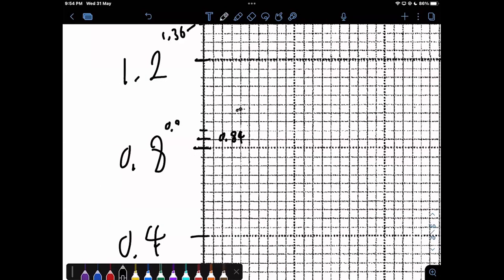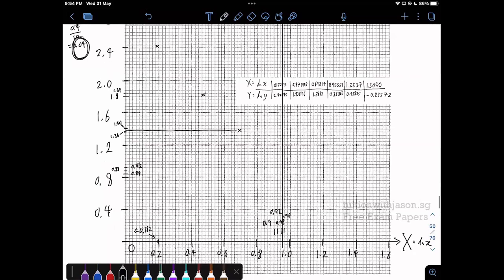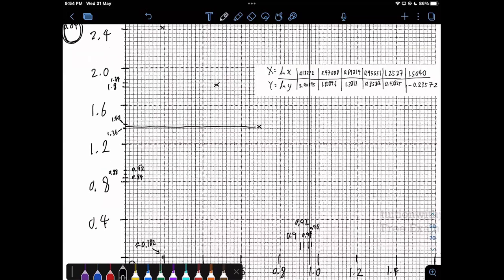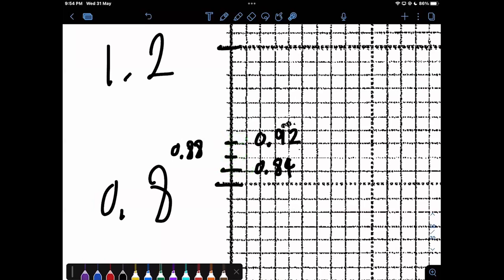Next point is 0.88, plus 4, 0.92. Okay, I might have chosen a not so good scale, so I'm having a slightly more difficult time calculating this. What do I want? I want 0.85. So 0.84, 0.88, 0.92. I want 0.85, between 0.84 and 0.88, so somewhere in the middle here.